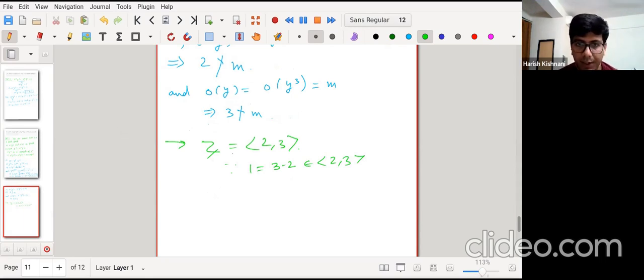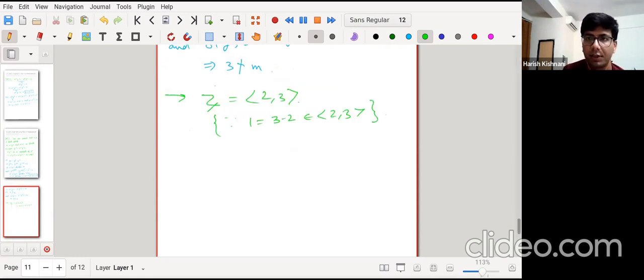So Z is generated by these two elements. Now let n be any natural number.